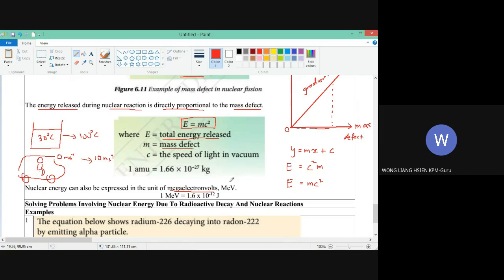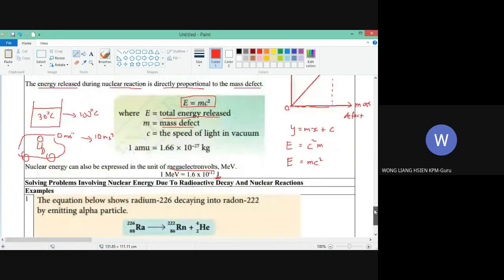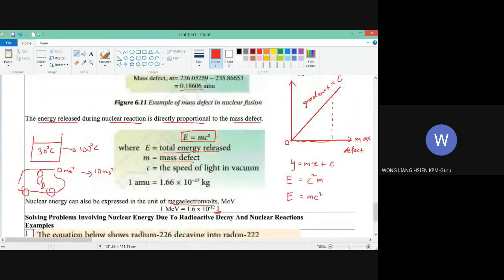But usually we don't use that. In other situations, we use the unit of joule as the unit for energy. All right, so next, we want to look at examples.